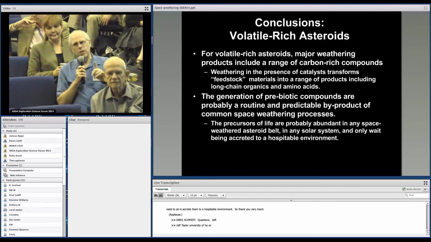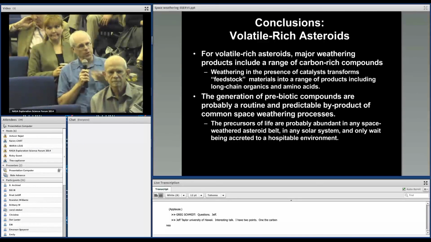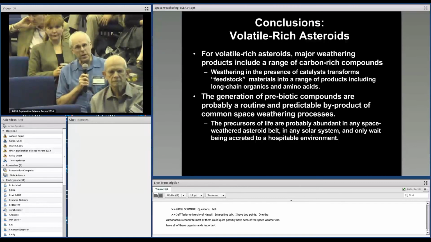I have two points. One, the carbonaceous chondrites, most of them could quite possibly have had all these organics before the space weathering. And it is important to understand what happens during the space weathering to them.